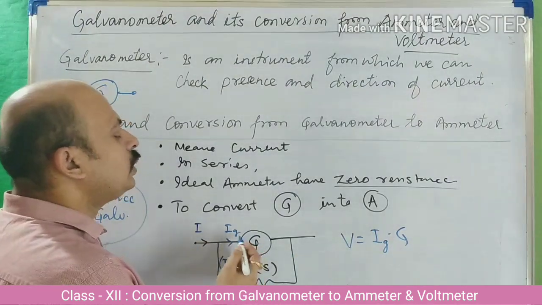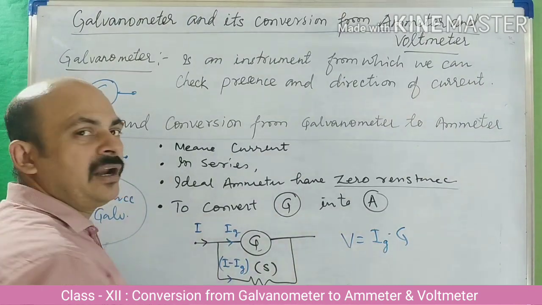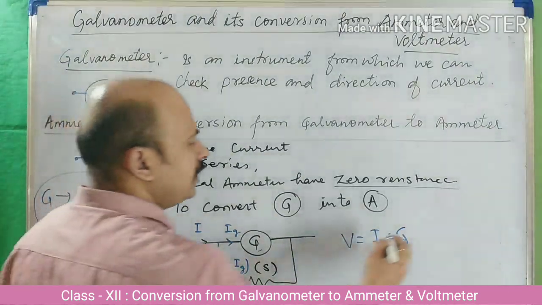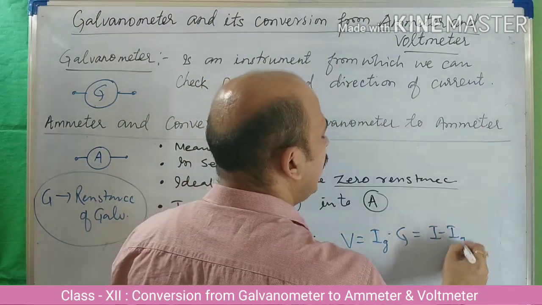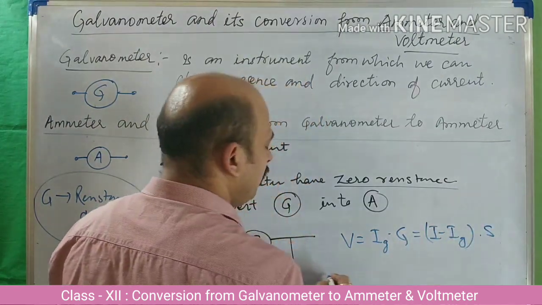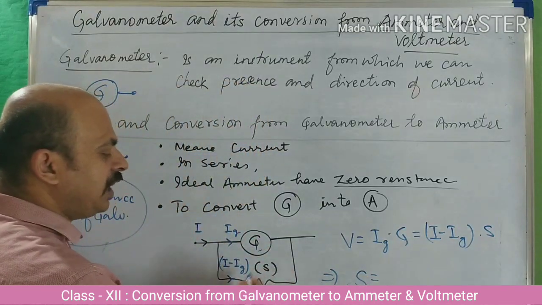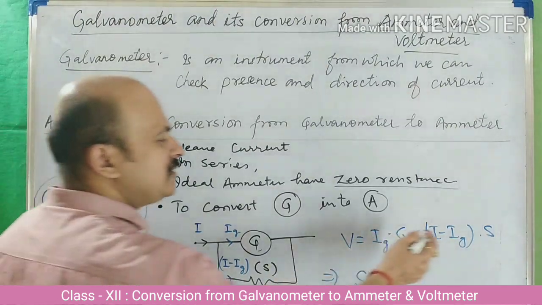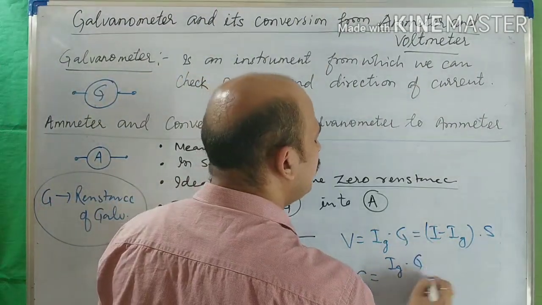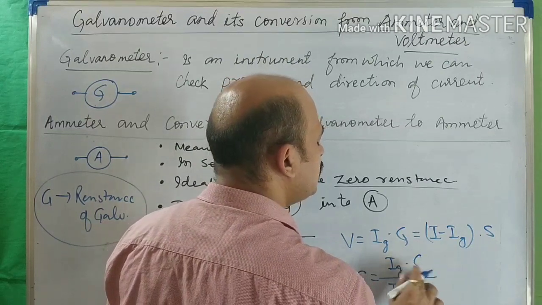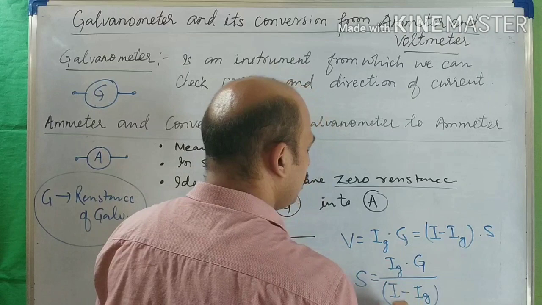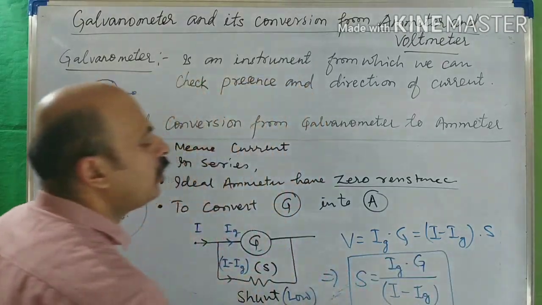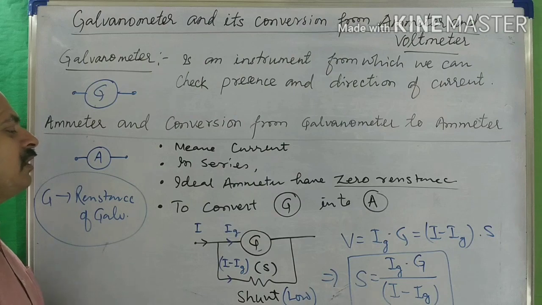So V equals IR: Ig, the current through the galvanometer, into the resistance of the galvanometer, is equal to (I minus Ig) into S. Therefore S, that is the shunt resistance, and shunt means low resistance, will be equal to Ig into G upon I minus Ig. That is the formula of shunt resistance, which is to be connected parallel to the galvanometer while converting into an ammeter.